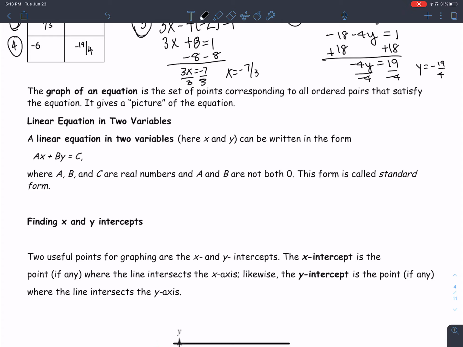You hear this called standard form, also sometimes general form, and sometimes you'll see it as ax plus by plus c equals 0. It really depends, but I usually say standard form. You'll see some places call it general form, but it's all the same.